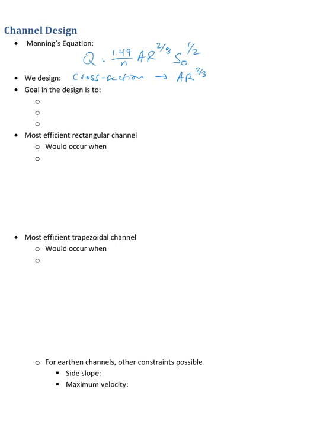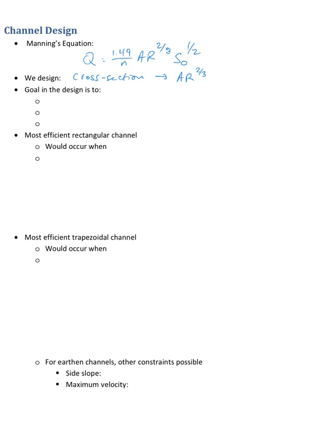Now, often in these problems, we're given a flow rate that we need to convey. We're going to have to choose a channel material, or sometimes we're just carving that channel material out of the earth. And so n is usually constrained.